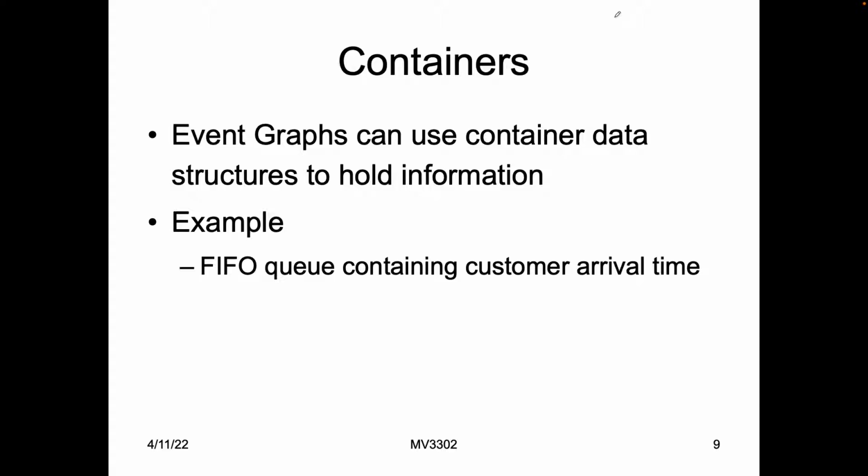Now, it turns out that containers are a very useful way of modeling certain state variables, and event graphs are going to allow that. One issue with our multiple server queue, as we've seen so far, is that it cannot explicitly give us things like the expected delay in the queue or the expected time in the system.